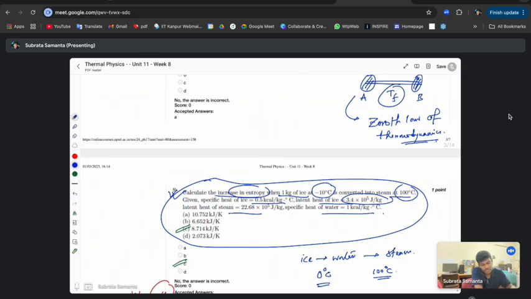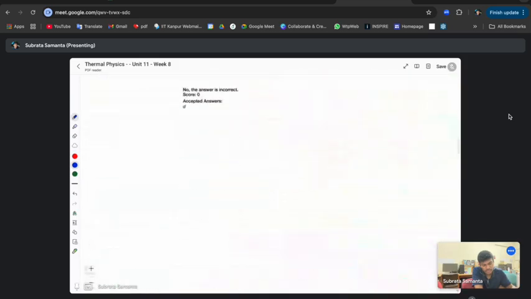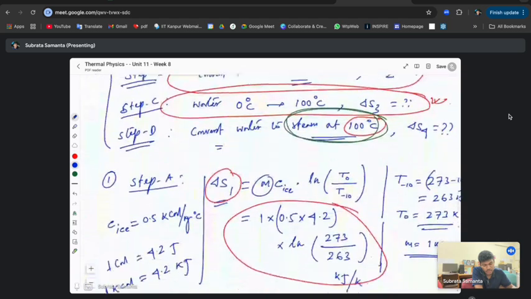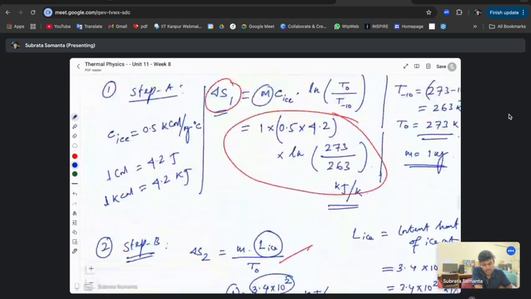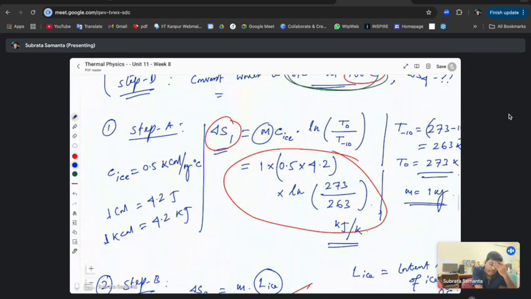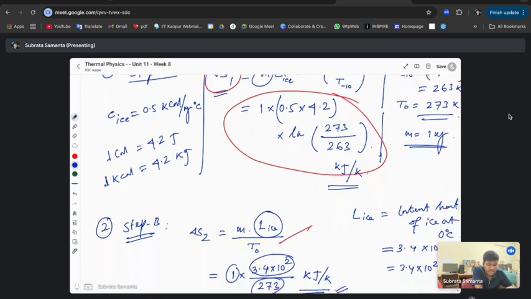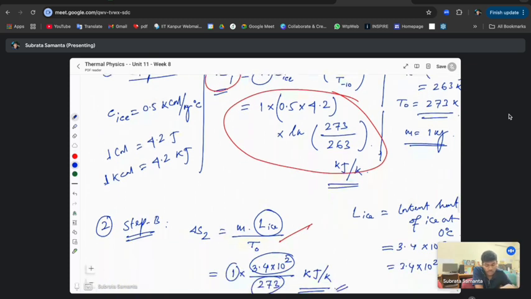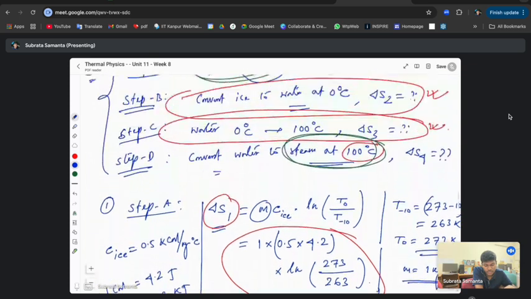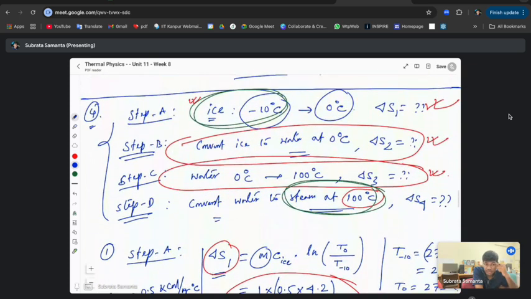So if we calculate the entropy, there are basically 4 ways. You know that it is m and the specific heat times the logarithm of the ratio of the temperatures, right? And then during the phase changes, we use the latent heat. Now your question is basically whether the sign of this delta is positive or negative, right?